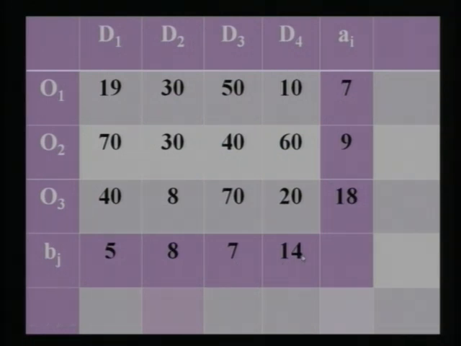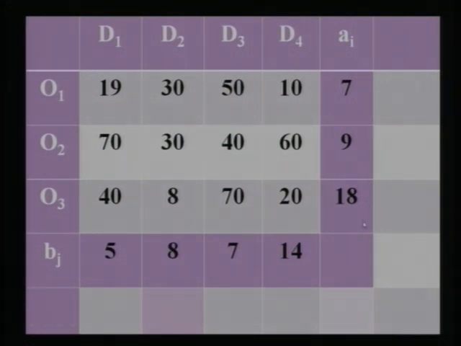Now to solve the TP, the first important thing is that it should be a balanced TP, which we have understood in the last lecture. What is the meaning of a balanced TP? It means the total supply and total demand must be equal. Total supply means the sum of the Ai values, A1, A2, A3, that you can see on your screen: 7, 9 and 18.